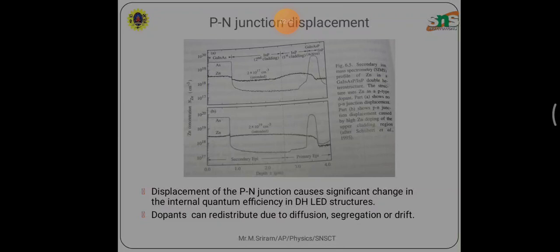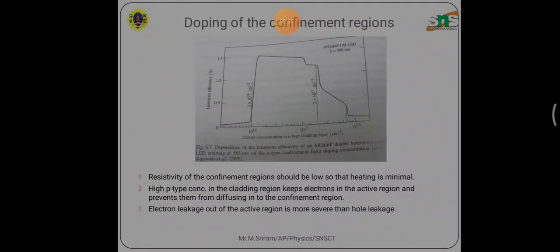So dopants can redistribute due to diffusion, segregation or drift. So doping of the confinement region: the difference of the luminous efficiency of AlGaInP double heterostructure LED emitting at 560 nanometer on the n-type confinement layer doping concentration.